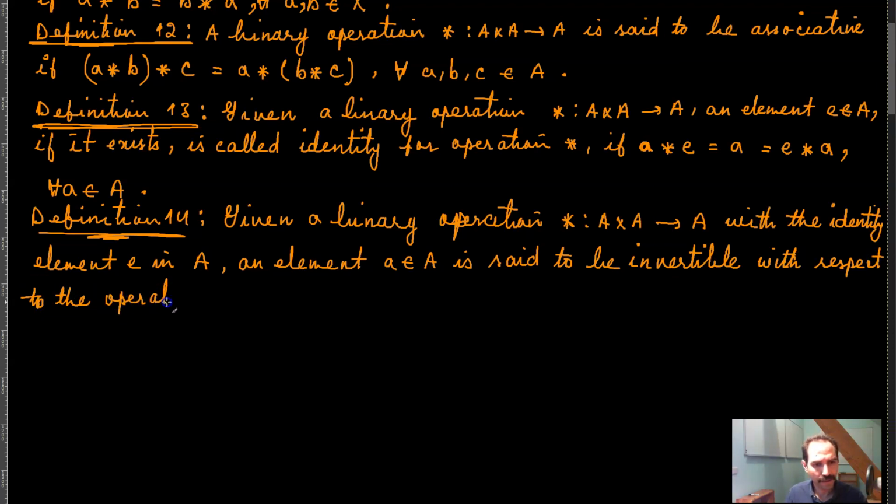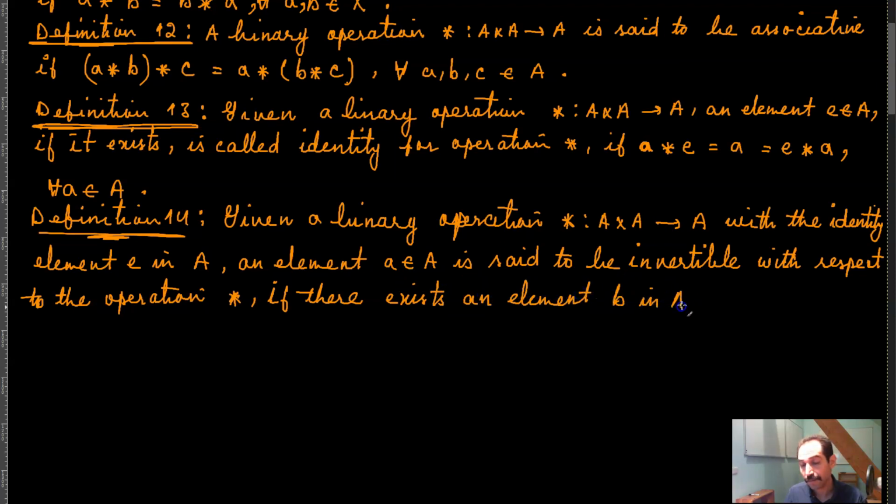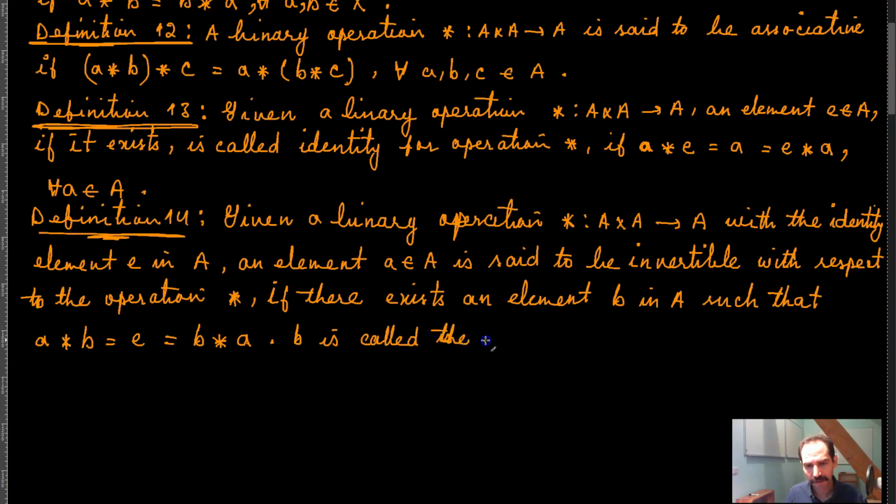if there exists an element B in A such that A star B is equal to E is equal to B star A, and B is called the inverse of A. Sorry, not uppercase A, of course.